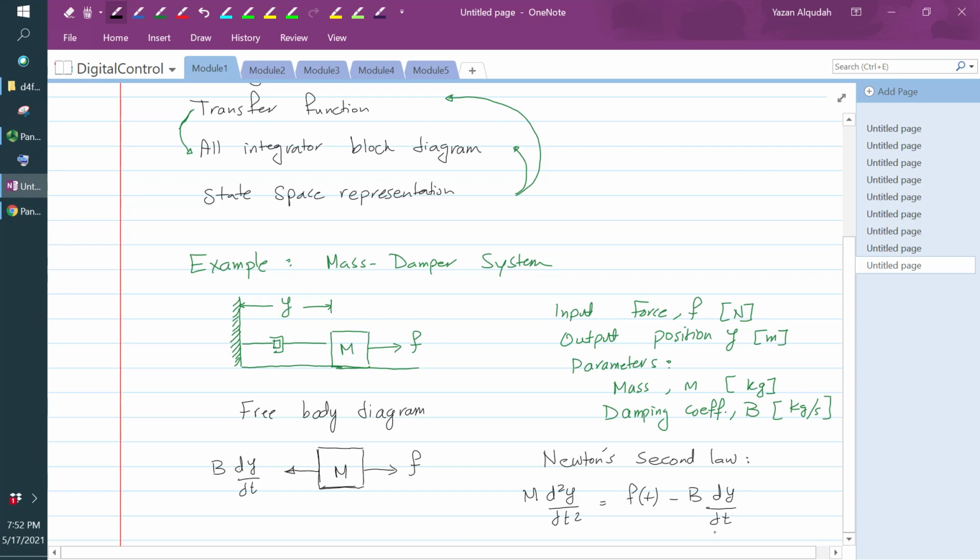So this is the sum of the forces that are acting upon the mass. The sum of the forces is going to equal the mass multiplied by the acceleration.